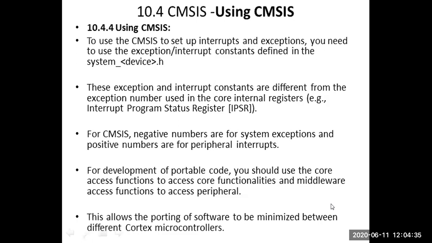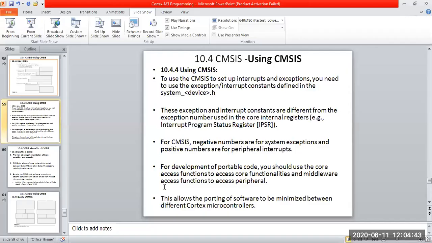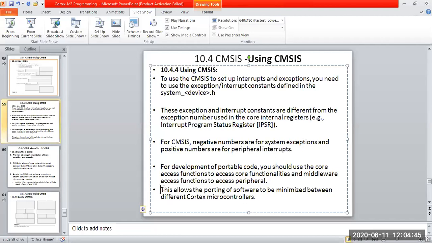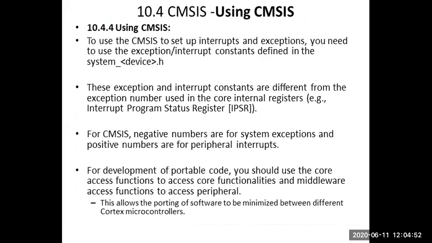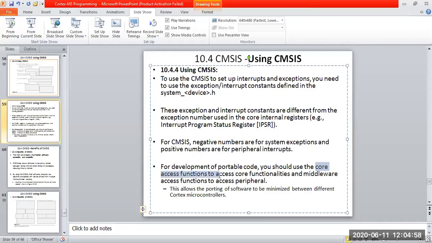This allows the porting of software to be minimized between different Cortex processors. This is a subpoint of that, not a separate one. By using the core access functions and middleware functions, we can make the program portable.